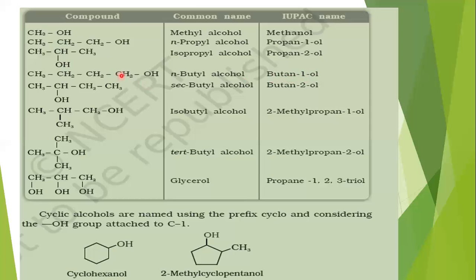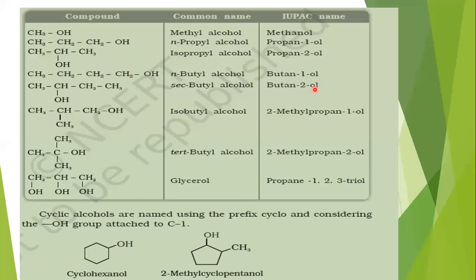Okay, see 1, 2, 3, and 4. So 4 carbons, butane, replace E by OL, butanol, and before the word OL indicate the position of the OH group, which is at the first carbon.